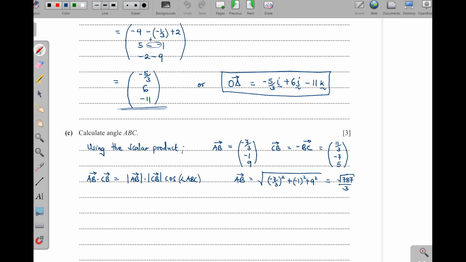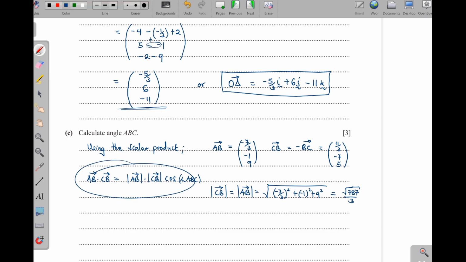So when I come to this one here, I'll say that this AB here is the same as what? The length of CB. So CB, this one here, is equal to the length of AB. So I leave it there. Now we come to this one here. Now the dot product is going to be 7 over 3, and then we have a negative 1, then a 9.